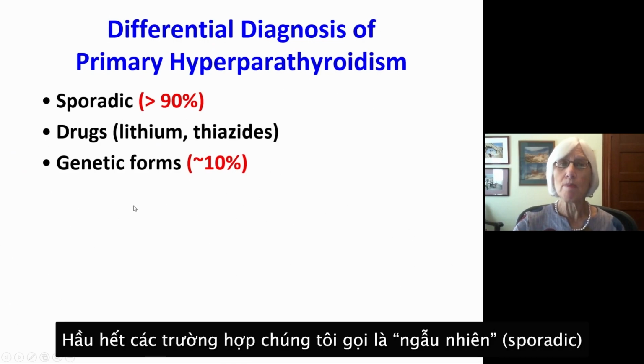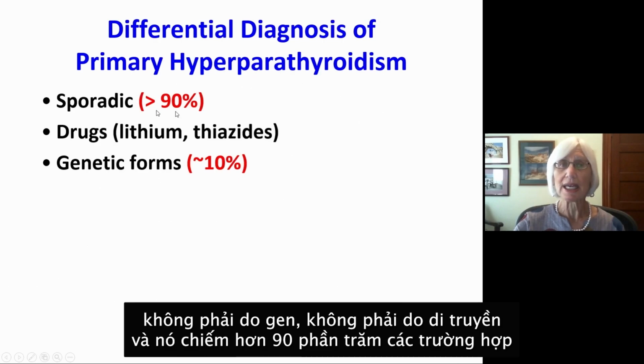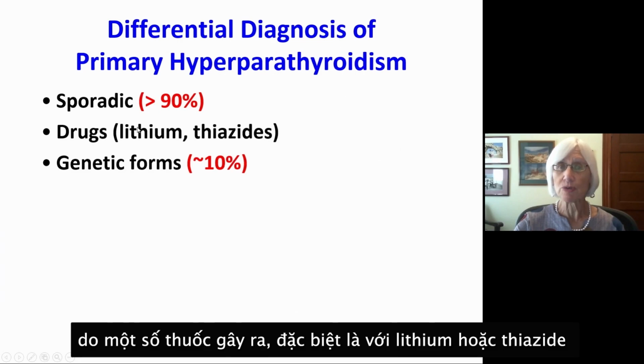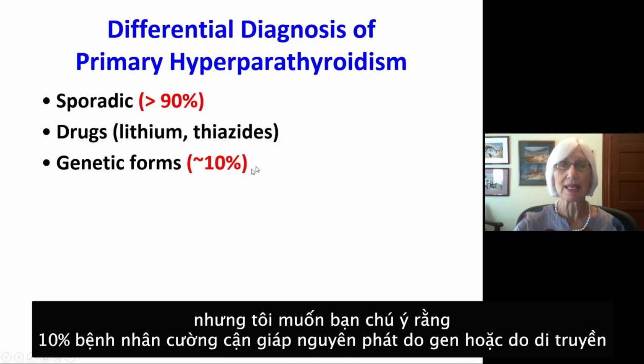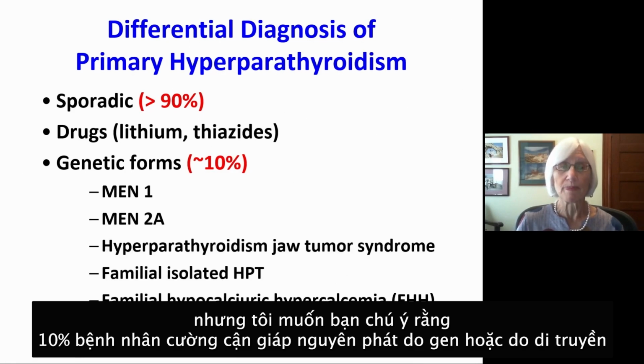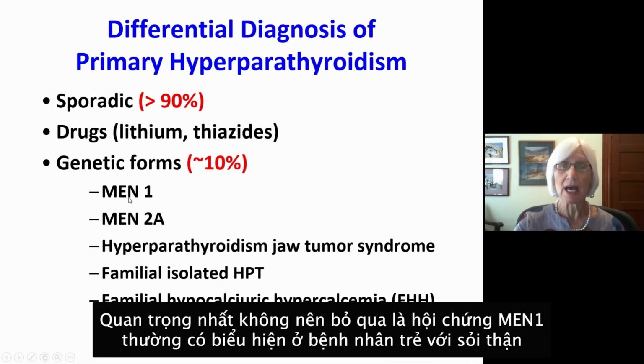Now, there is a differential diagnosis of primary hyperpara that I just want to quickly go through. Most cases are what we call sporadic, not genetic, not hereditary, over 90% of cases. Some are drug-induced, particularly with lithium or thiazides. But I do want to call your attention that 10% of patients with primary hyperpara have a genetic or hereditary form. Most important not to miss are MEN1 patients.